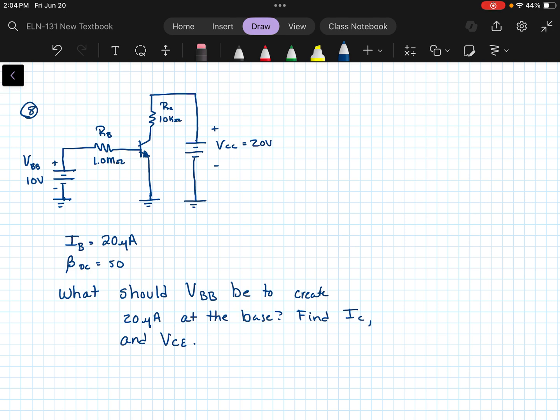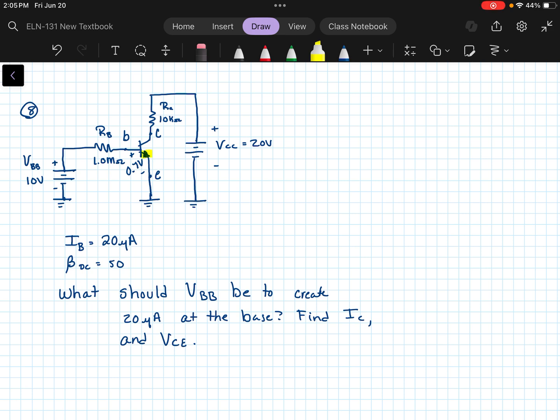Okay, so let's look at a couple things here. First of all, we know that we need to have a drop of 0.7 volts from the base to the emitter. Okay, again, base, emitter, collector.